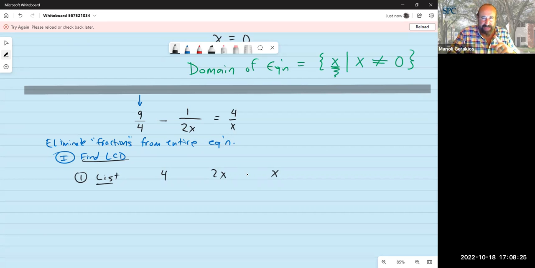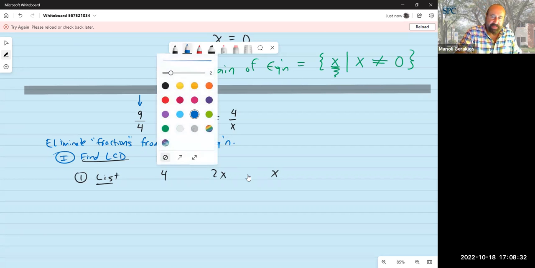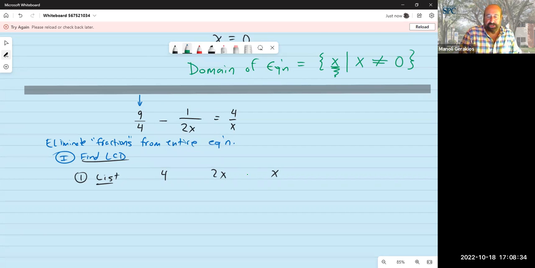Don't miss that point. Not just the ones that contain variables, all of them. Next, let's factor everything with exponents showing. How do you find an LCD? List. Factor. Unique factors. Raise those to the greatest exponents that you find them.